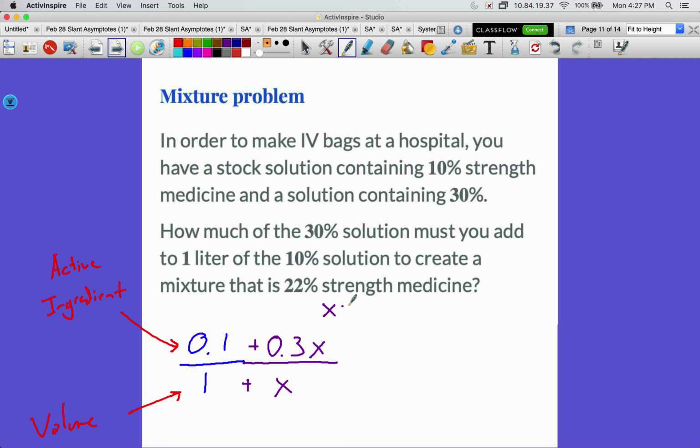So here I should have defined my variable x equals the volume added of 30% strength. All right. Now, what I want my result to be is active ingredient divided by volume to equal 0.22, my desired strength.